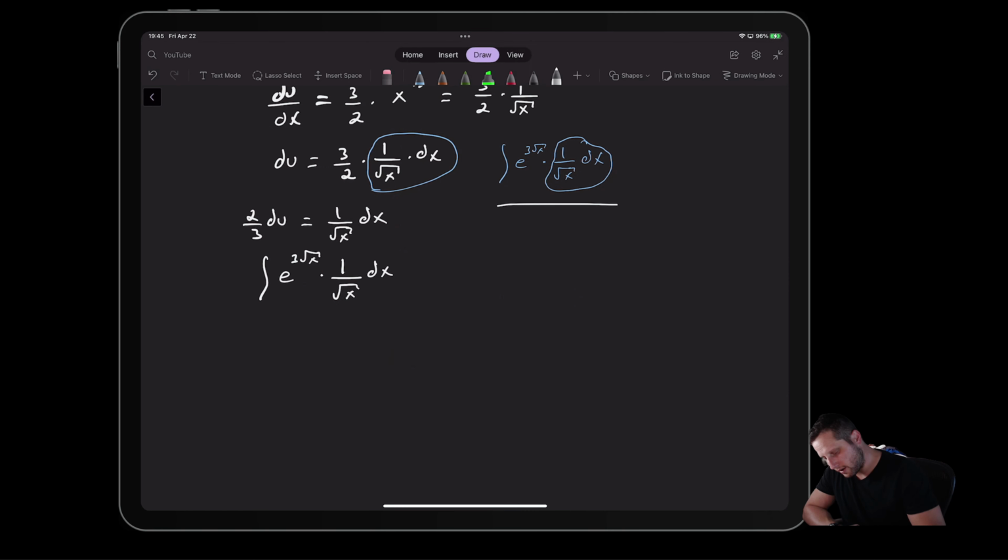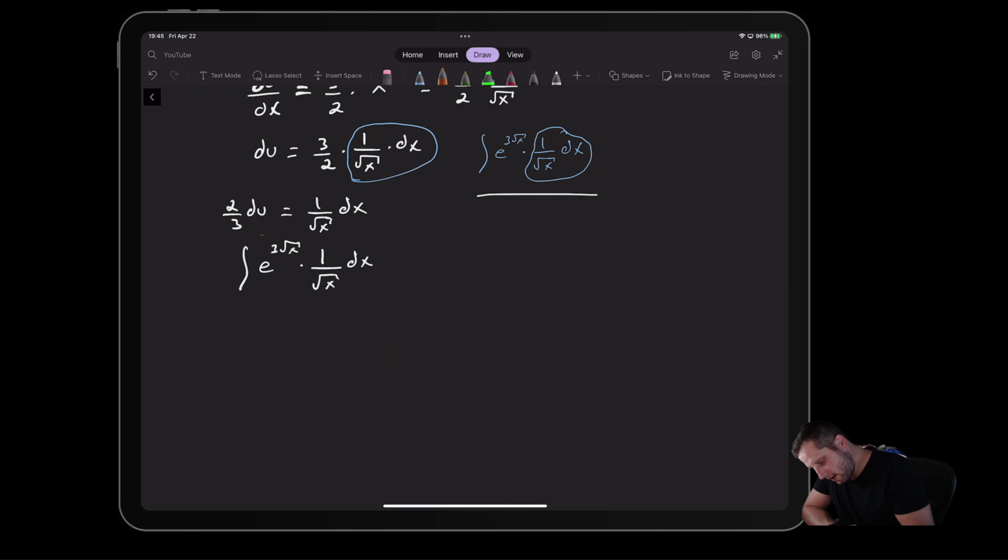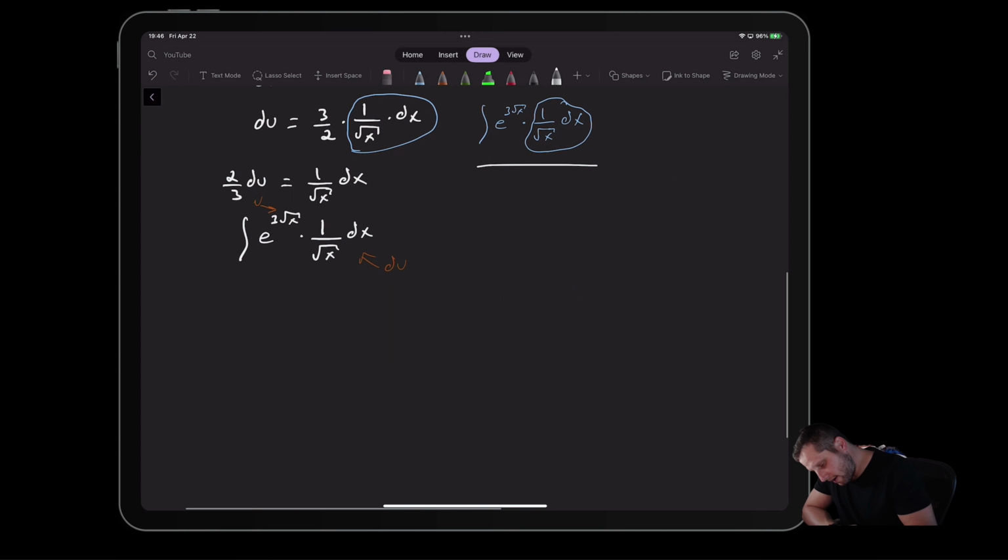This is just for clarity. So this right here is our u, and this piece is our du, right? So we're going to go ahead and replace those. So we have the integral of e to the u times 2/3 du.